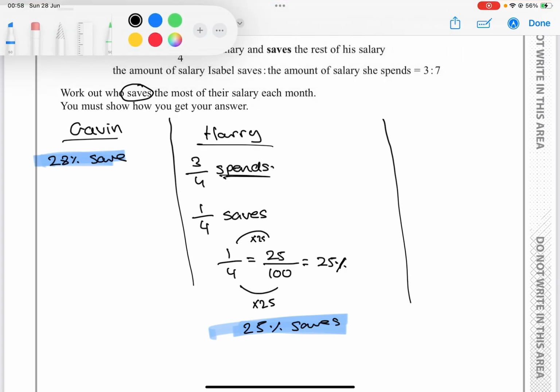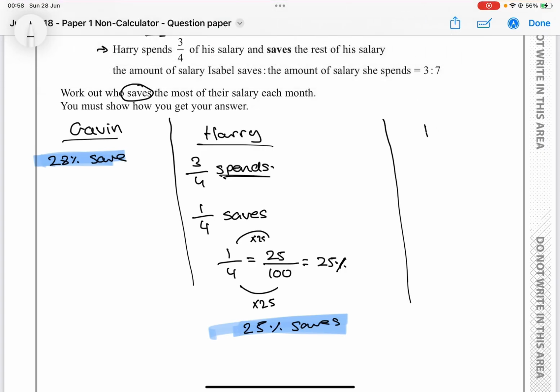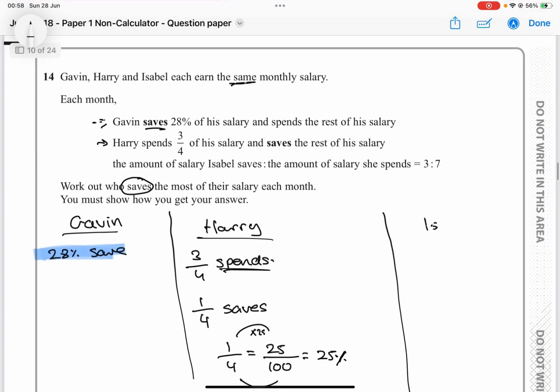And finally, we are on to Isabel now. Now Isabel, they've given us a ratio, okay? It says the ratio of saves to spends is 3 to 7. Now I'm just interested in how much she saves.